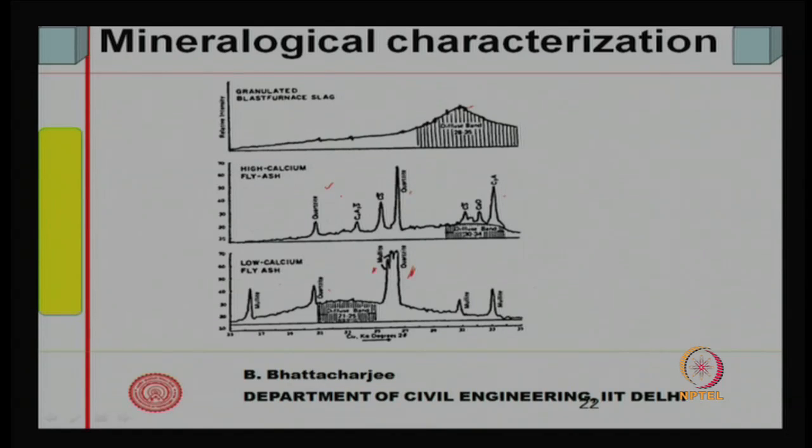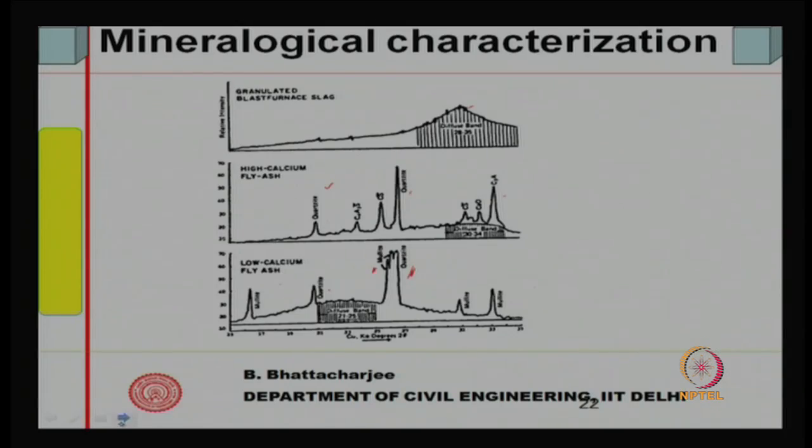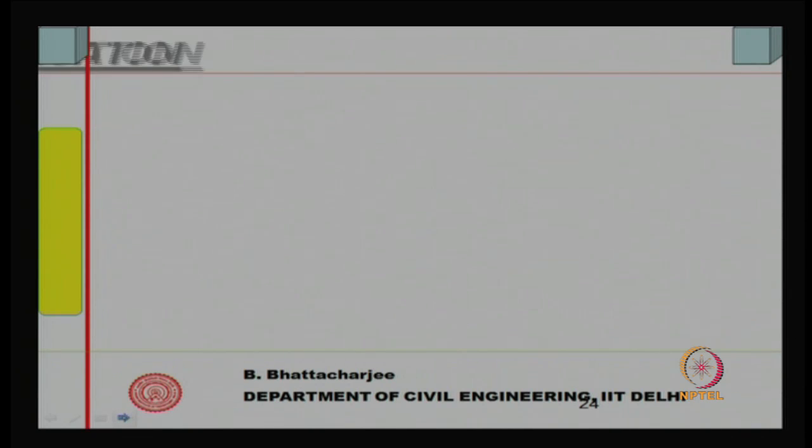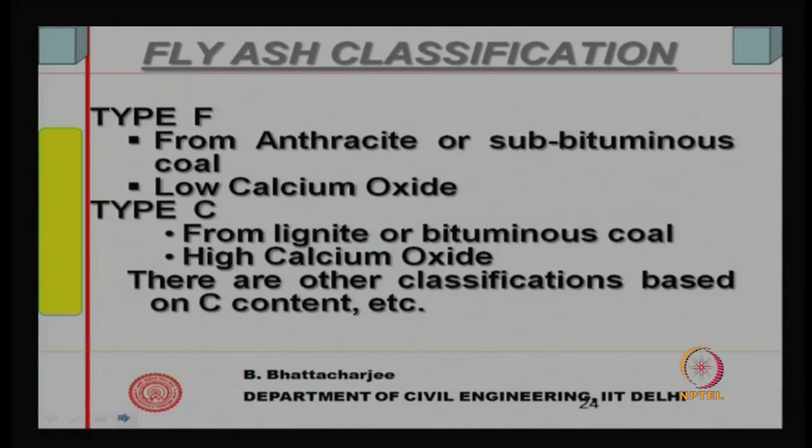So, these are typically the mineralogical, or X-ray diffraction, results of fly ash and GGBFS. There is more amorphous material in GGBFS compared to fly ash, which has got some crystalline material. Right. This is shown in slightly more detail, low calcium fly ash and high calcium fly ash and GGBFS.